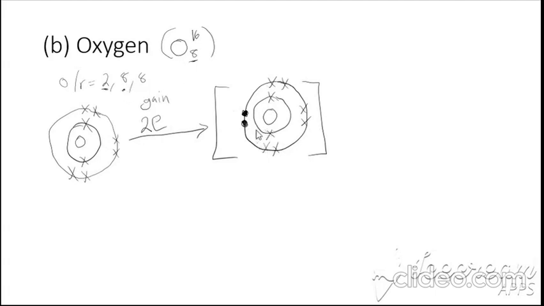So oxygen must gain 2 electrons to become stable. Here I'm going to write 2 negative, and note that this is an oxide ion. The symbol is something like that. This just means it's gaining 2 electrons. So the electronic configuration for this oxide ion is first 2 electrons, second 8.